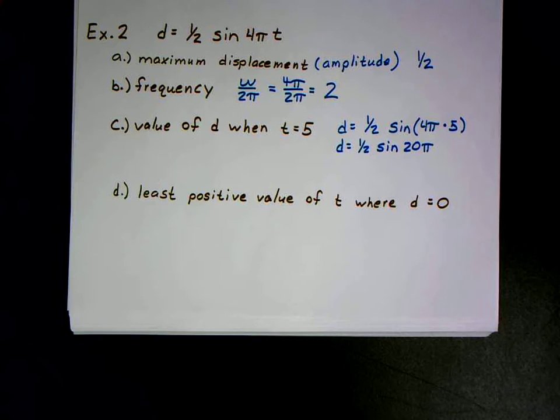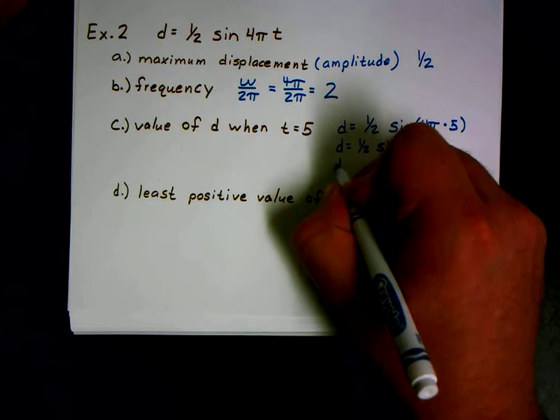Okay, what is 20 pi? If you go around your circle, 20 pi is going to end up being in the same place as what? As 0. So what's sine of 0? 0. So 1/2 times 0 is 0.